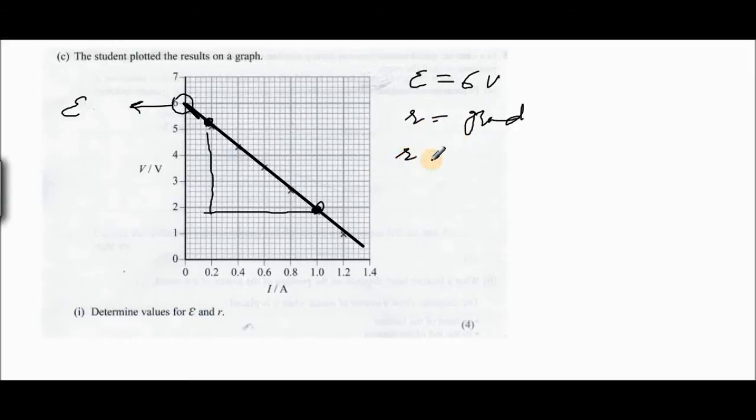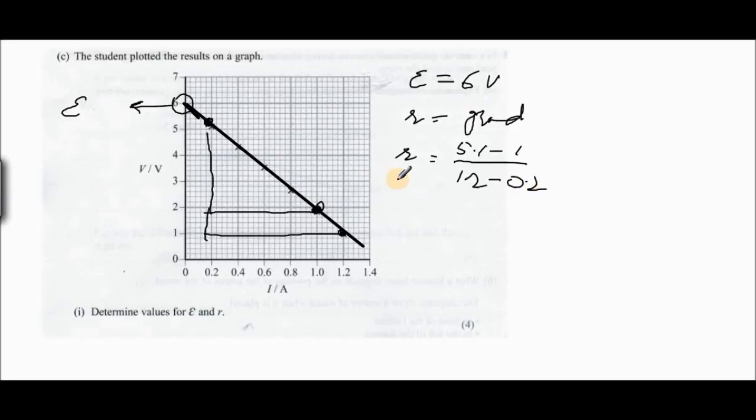So your resistance r would be equal to y2 minus y1, which is 5.1 minus 1 from my chosen points, and x2 minus x1 is 1.2 minus, let's say, 0.2.